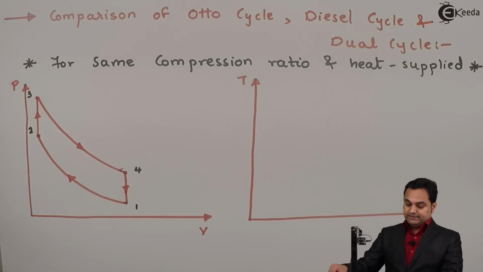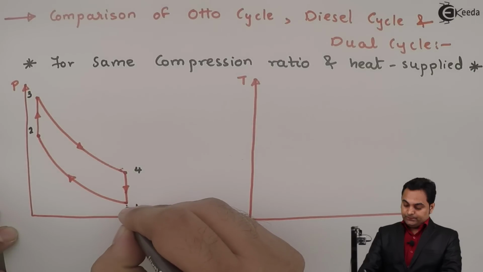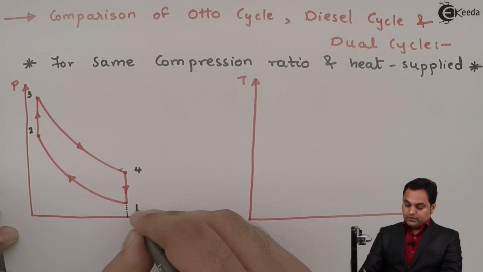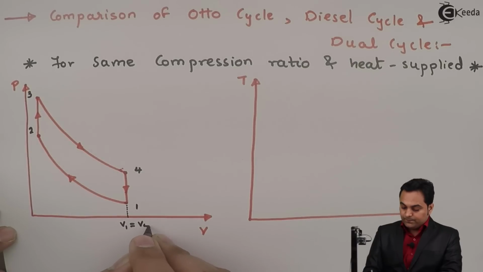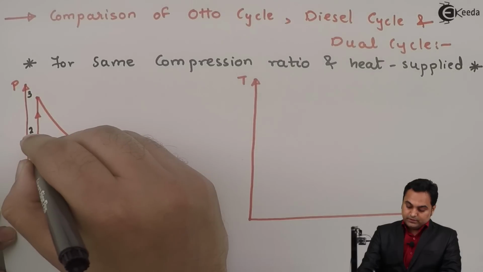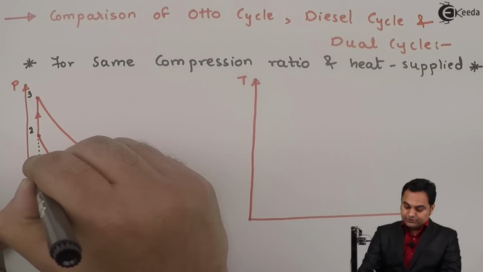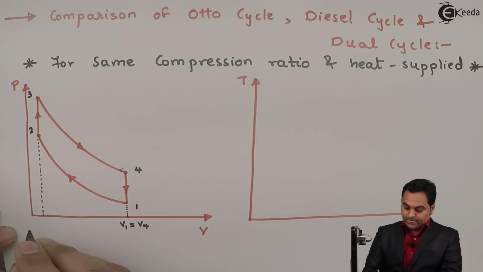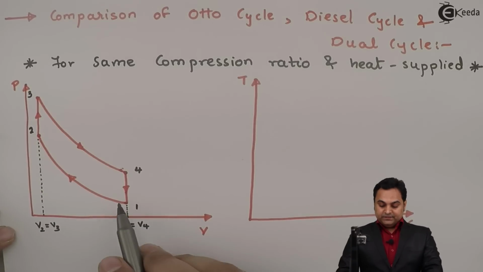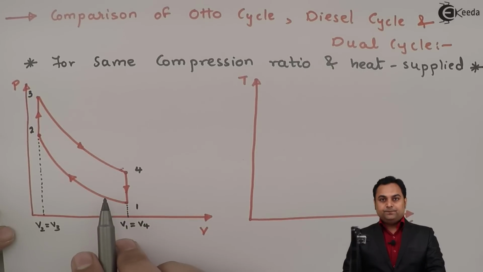So here I can say that during process 1 to 4 the volume is constant, so V1 is equal to V4, and during process 2 to 3 again the volume is constant, so V2 is equal to V3. Now this is the Otto cycle.